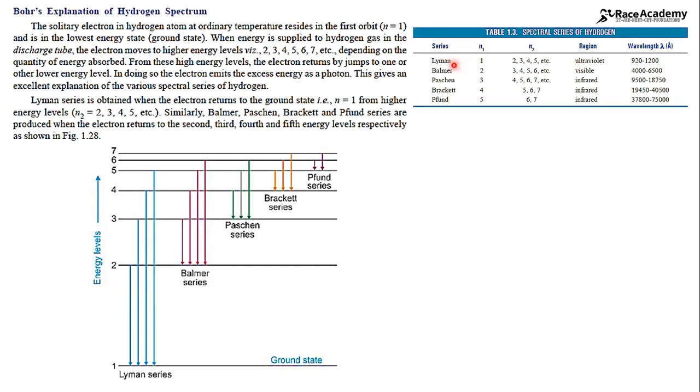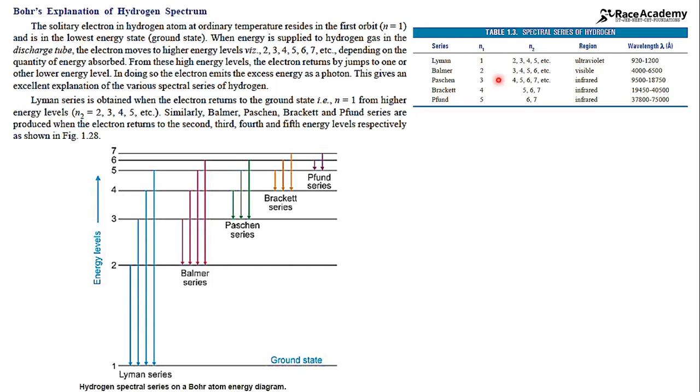In this, the Lyman series is in the ultraviolet region, the Balmer series is in the visible region, and Paschen, Brackett and Pfund are in the infrared region. Only Balmer series lines we can observe, where n2 value starts from 3 and so on, but n1 value should be 2 for the Balmer series.